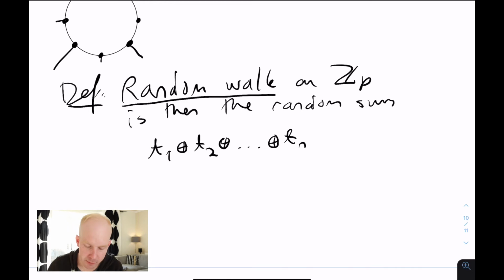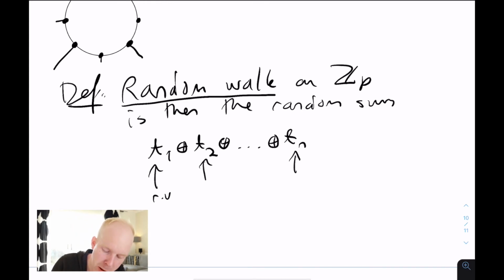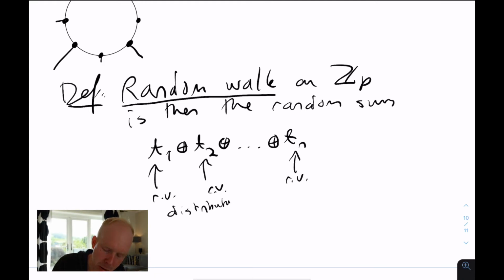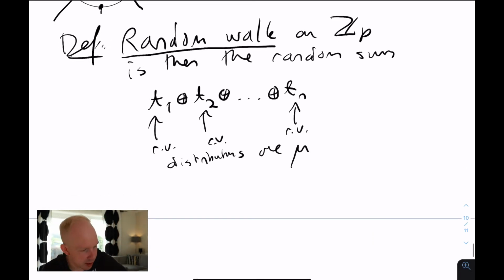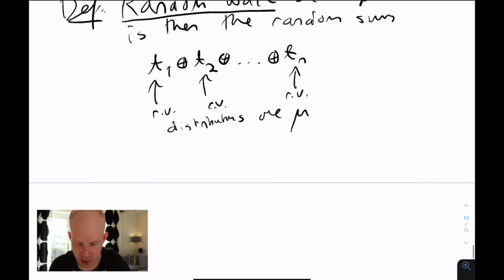So each of them are random variables with the distribution mu. So what would then be the distribution of this random variable?